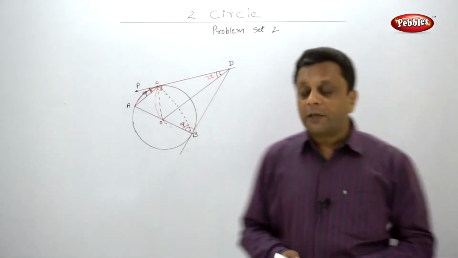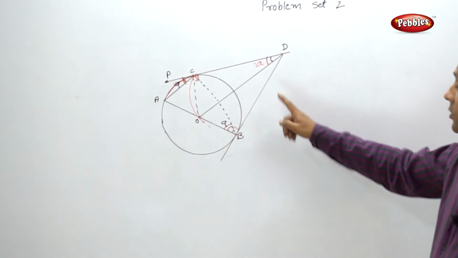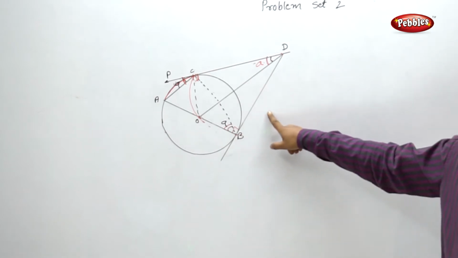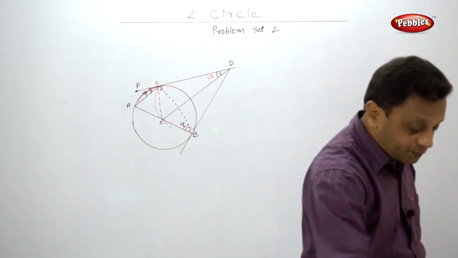Okay? The only point in this is you have to imagine that circle which is accommodating this cyclic quadrilateral. So this was example number 2.